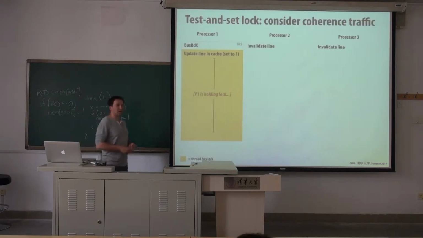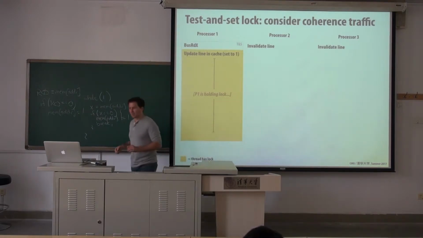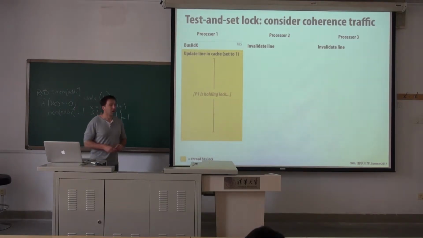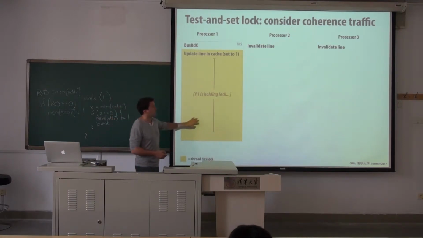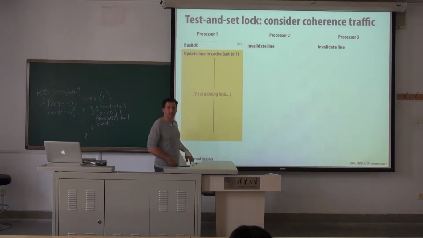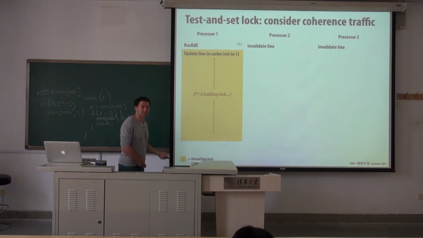Now, now that you know how cache coherence works, let's think about what's going to happen given this lock implementation. So I drew 3 processors on this slide. Again, I've never seen a machine with 3 processors, but I ran out of room on the slide.